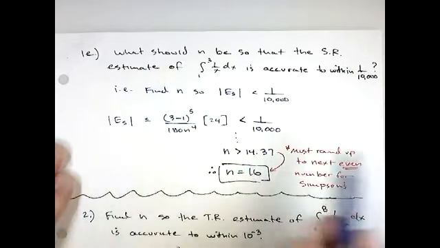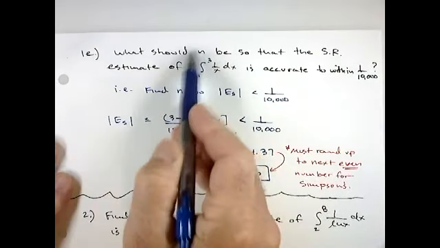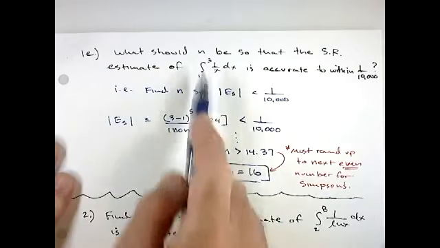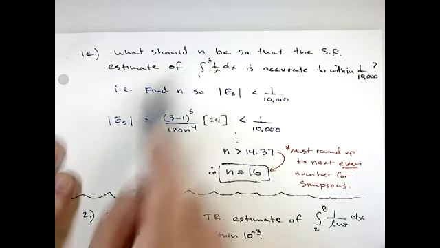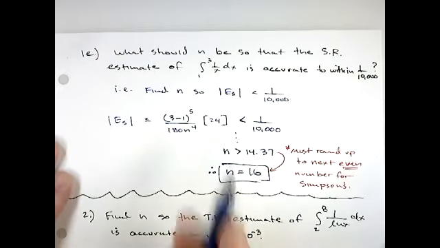Of course, just like with rectangles, when you're using the Riemann sum, the bigger n gets, the more accurate you will approximate that integral. So the question would be, what should n be? How many subintervals do I need to estimate that integral to within 1 over 10,000?